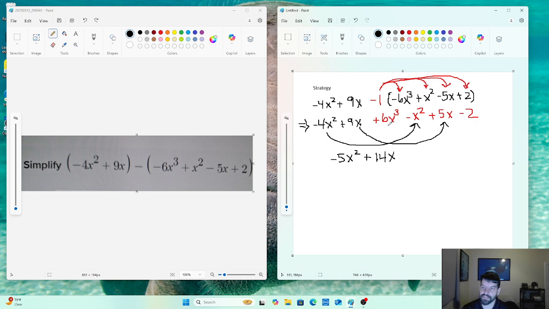And then 6x cubed doesn't have a combinable like term, and that's okay. We can still account for it, so that would be 6x cubed. And then same kind of case in point, the minus 2 doesn't have another constant to combine with as well. And that's okay.